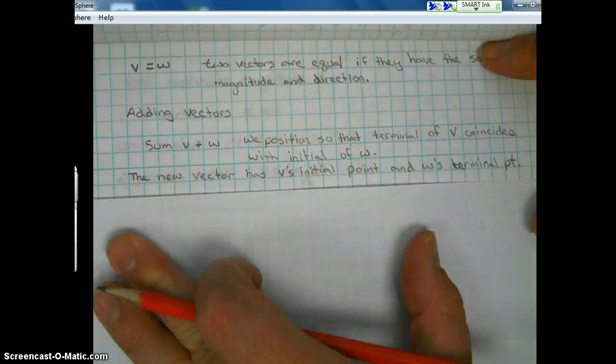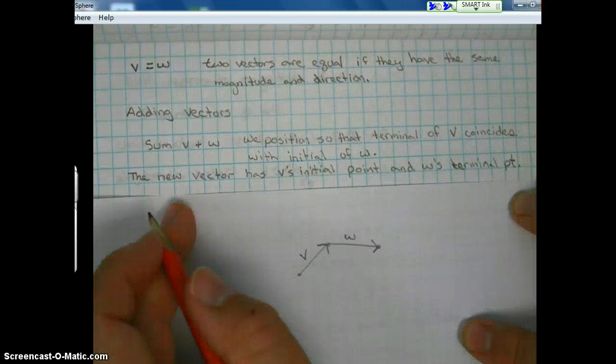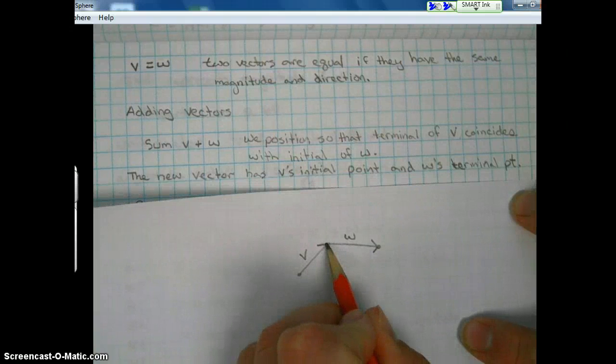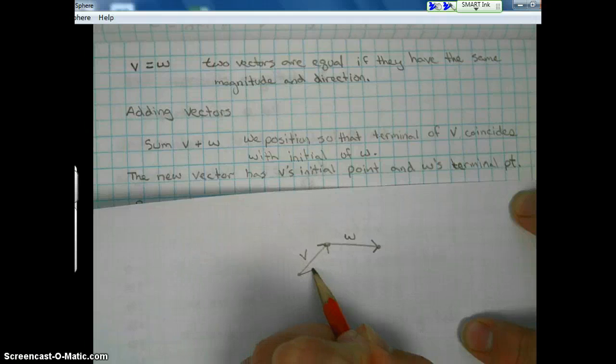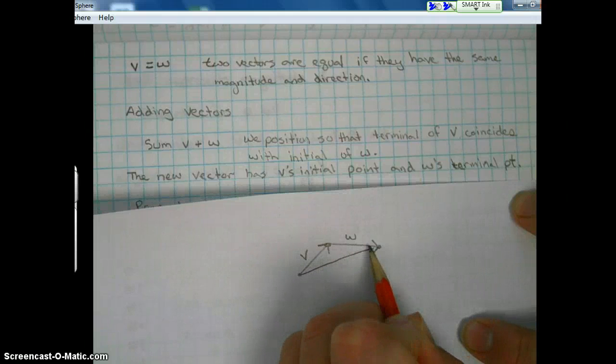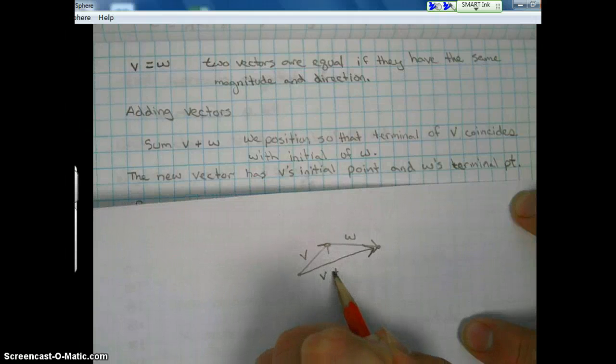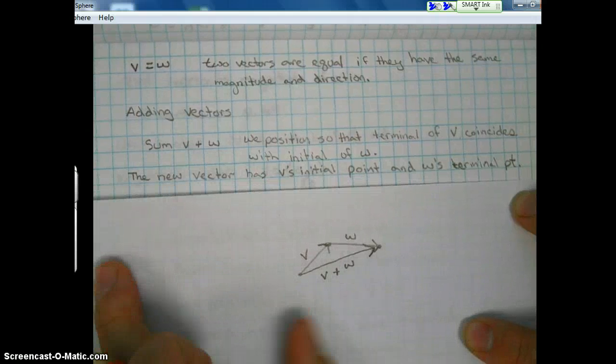So let's see what that means. Vector v, again, we position so that the terminal point of v coincides with the initial point of vector w. And this would be our new vector, vector v plus vector w.